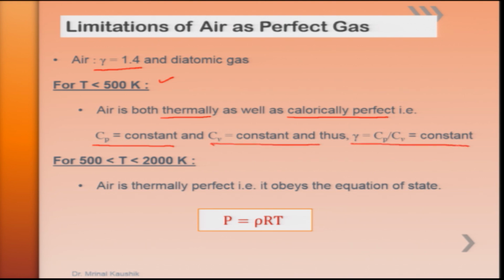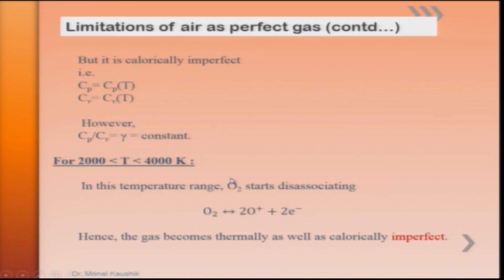However, when the temperature is in the range of 500 to 2000 Kelvin, the air is still thermally perfect, that is, in this range it obeys the equation of state P equals rho RT. However, its Cp and Cv both become functions of temperature.